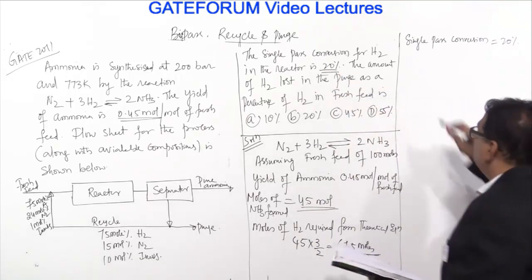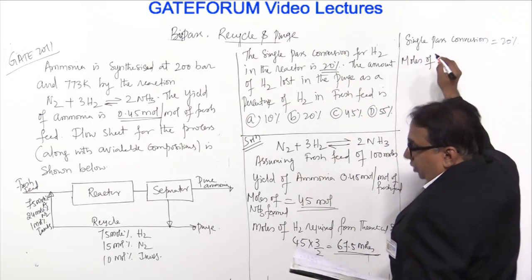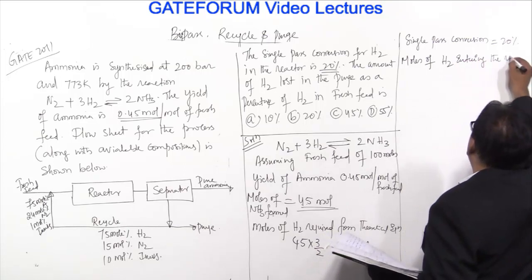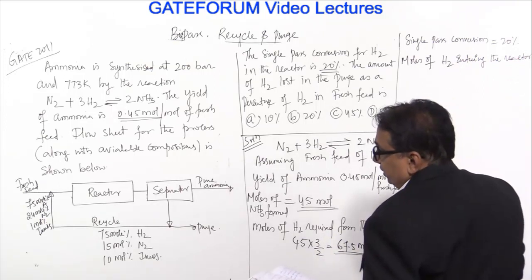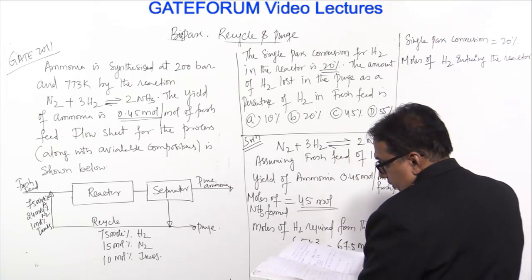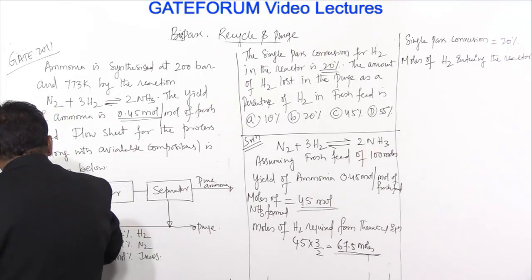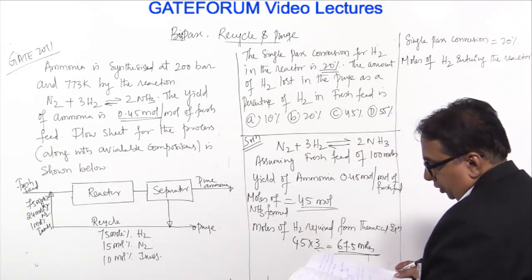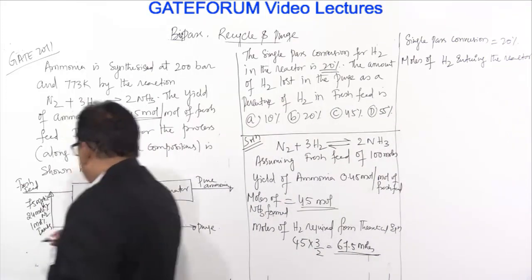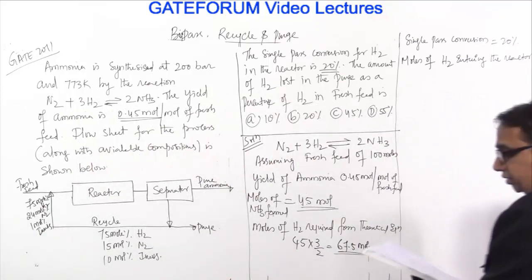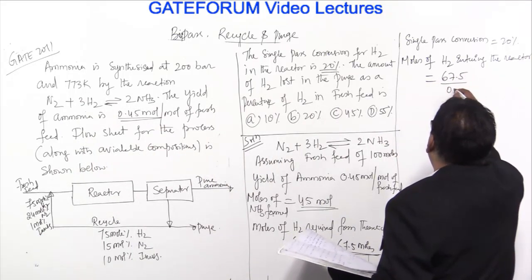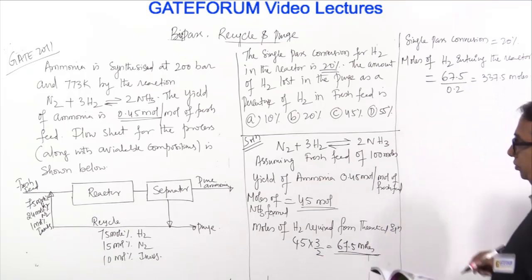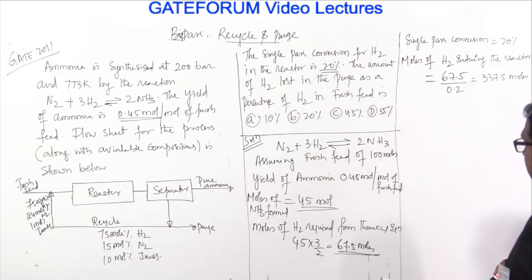So if single pass conversion is 20%, then moles of H2 entering the reactor is 67.5 by 0.2, that is 337.5 moles.